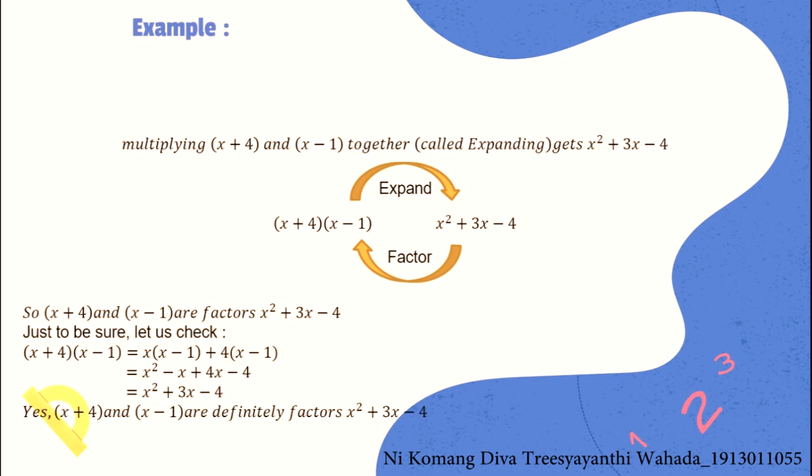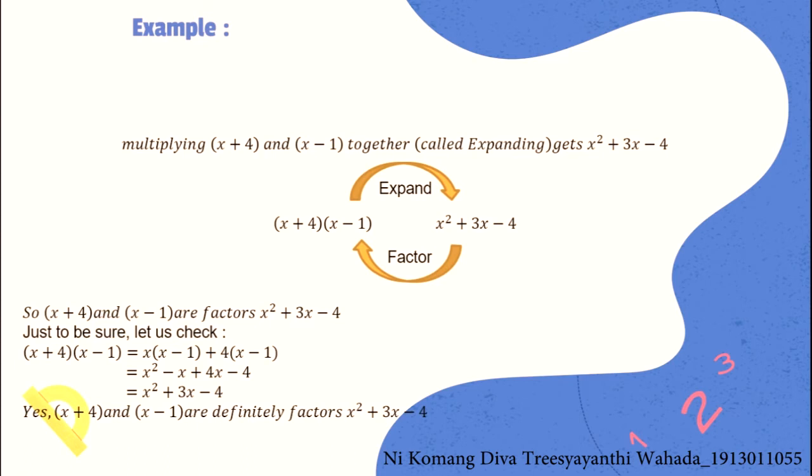So, x plus 4 and x minus 1 are factors of x squared plus 3x minus 4. Just to be sure, let us check. x plus 4 multiplied by x minus 1 is equal to x multiplied by x minus 1 plus 4 multiplied by x minus 1, which is equal to x squared minus x plus 4x minus 4, which is equal to x squared plus 3x minus 4.